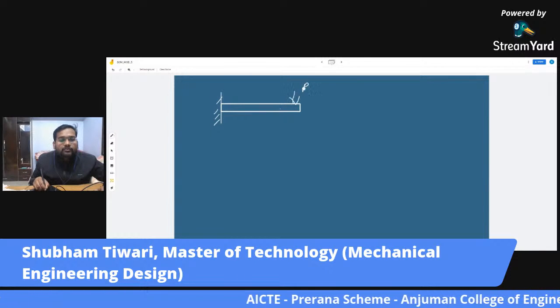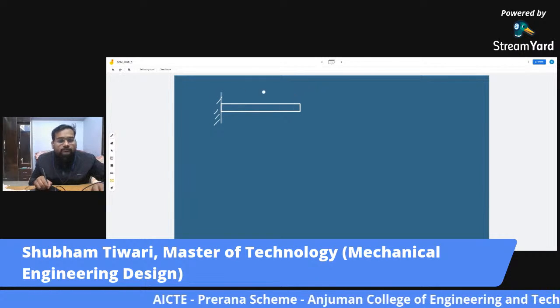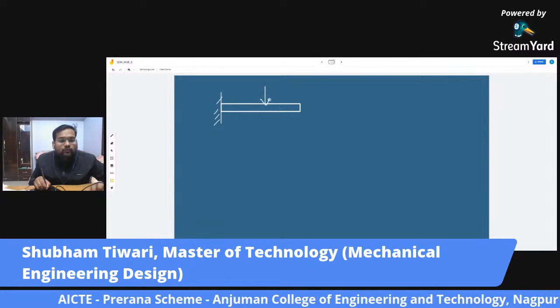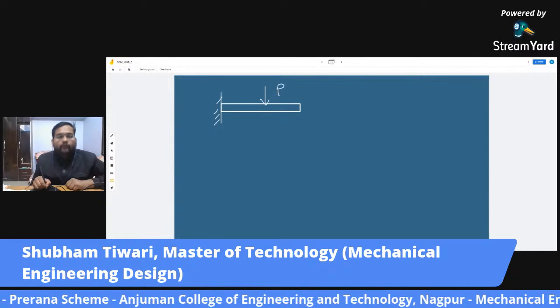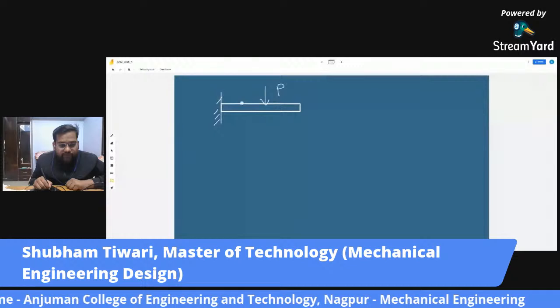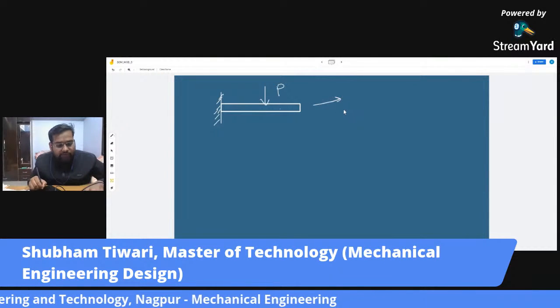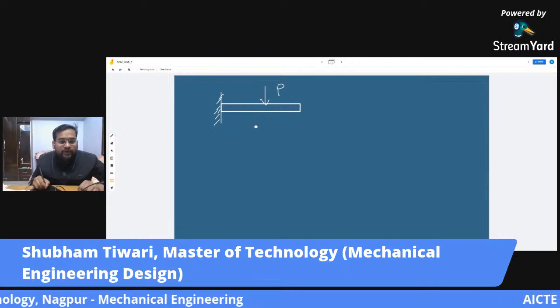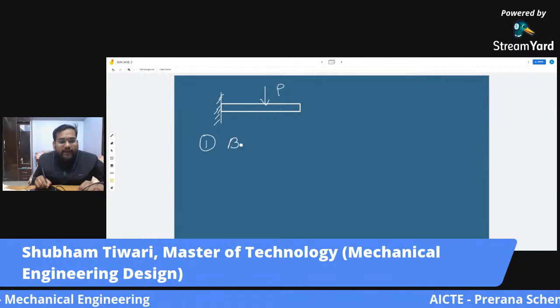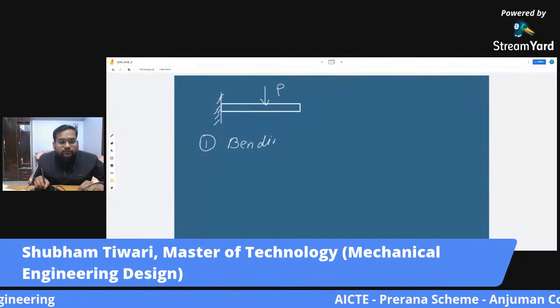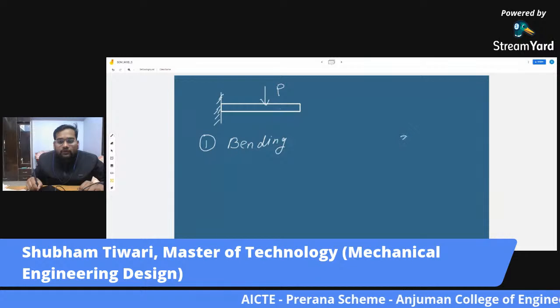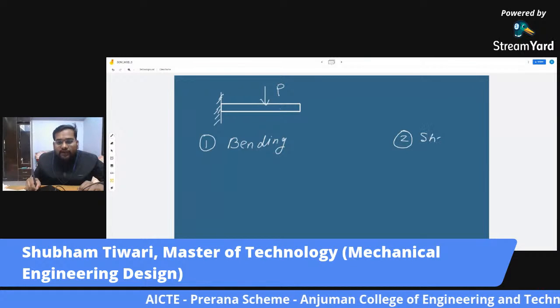This beam is subjected to load P. Because of this loading, there will be two effects of this loading. One is bending, the other is shearing.